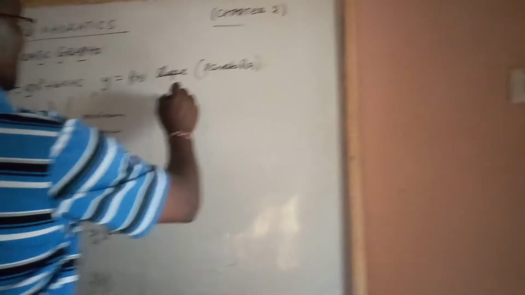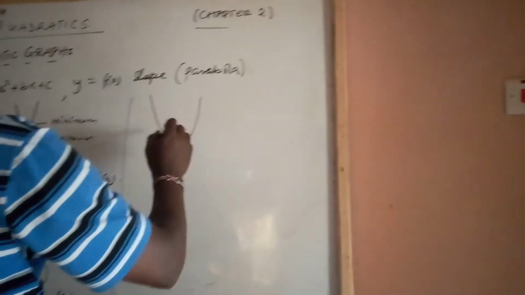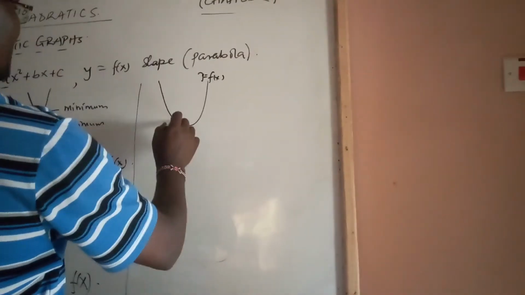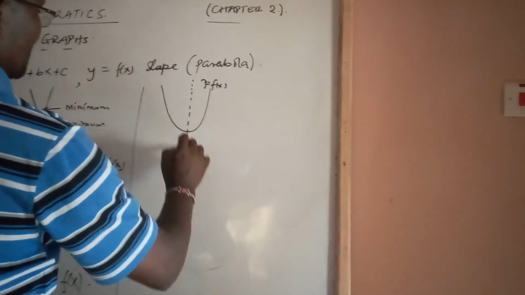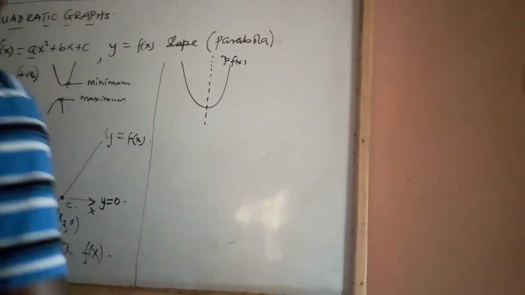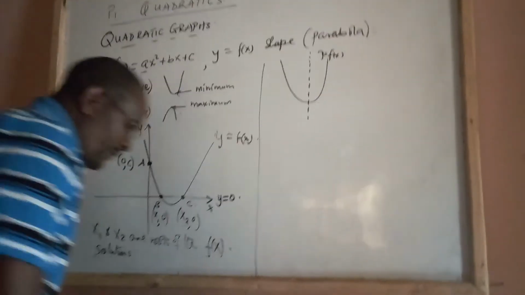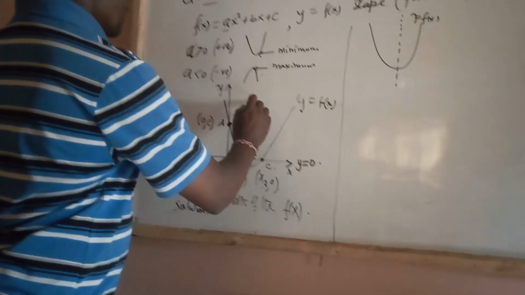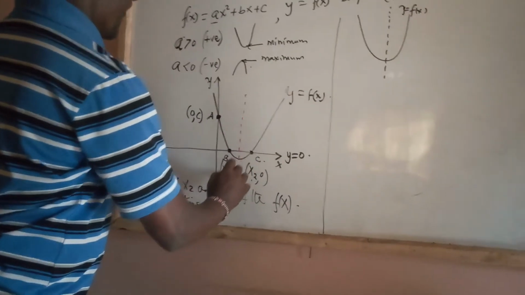We are simply saying that if you have f(x) that way, this is y equals f(x), it is symmetrical. That is the line of symmetry. Using the graph which we already have here, it has a line of symmetry.